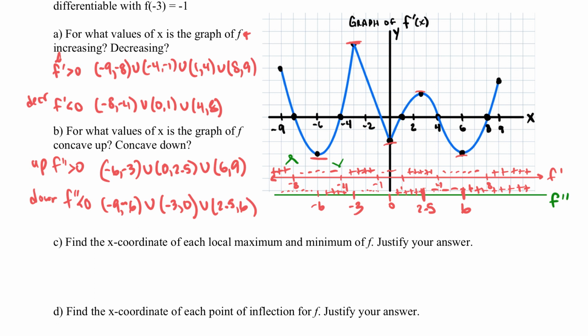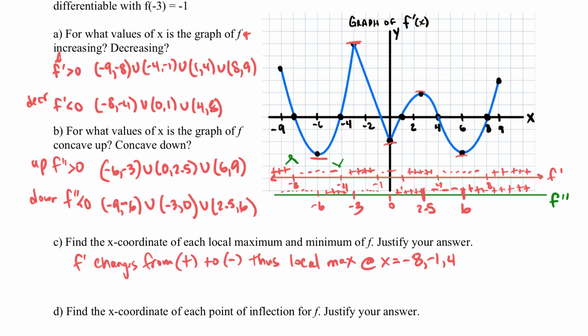So let's go ahead and indicate where we're going to get relative maximums and relative minimums. So f prime will say changes from, this is the reasoning, from positive to negative, thus local maximums are going to occur, and this happens at x equals -8, this also happens at -1 and at 4.